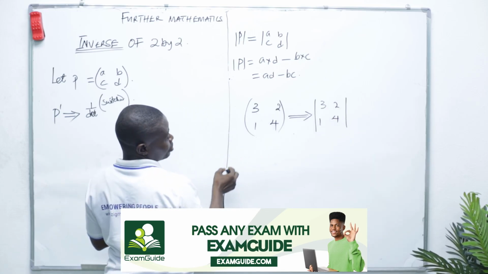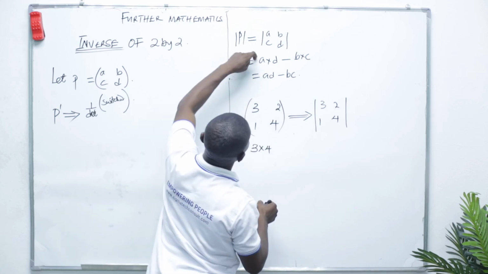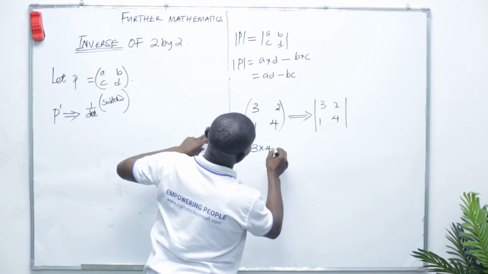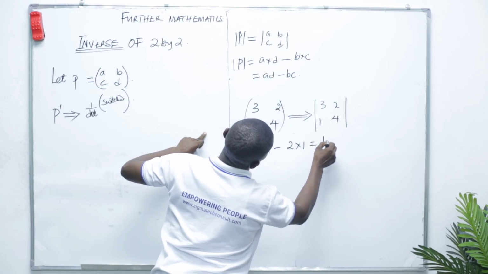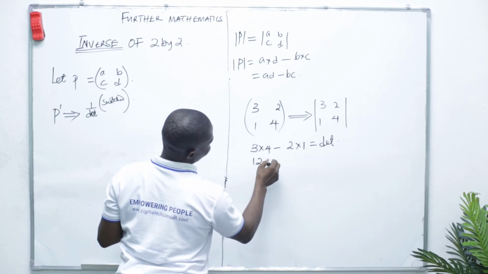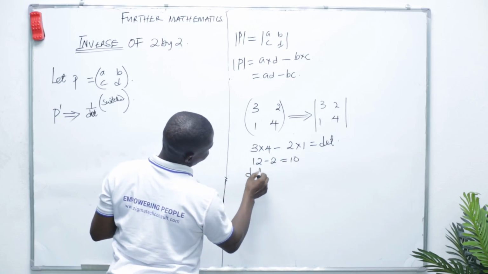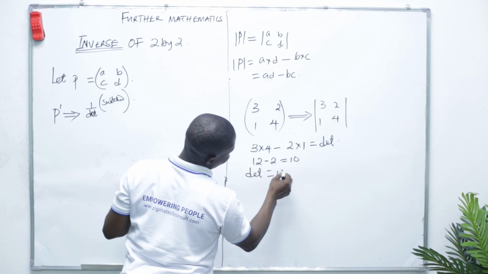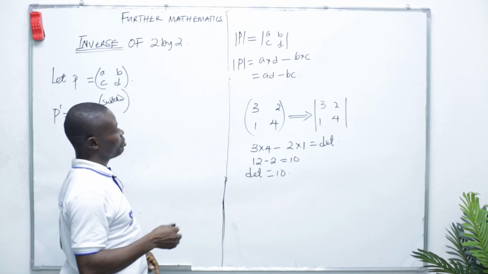Like I said, 3 multiplied by 4, you are following this order, this times this, minus 2 times 1 equals what? The determinant. So now 12 minus 2 equals who? 10. So the determinant of the matrix is 10. But this is, however, not the inverse of this particular matrix.